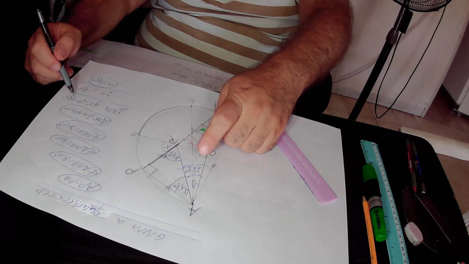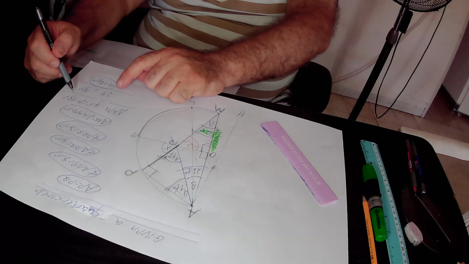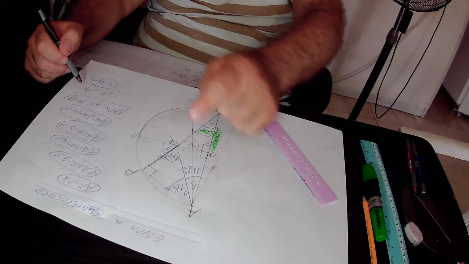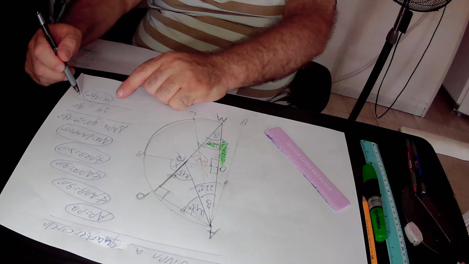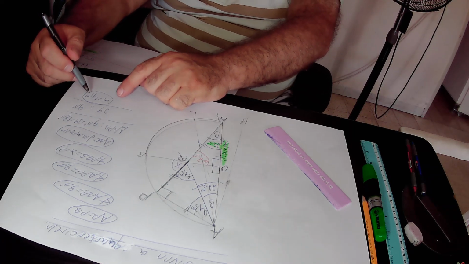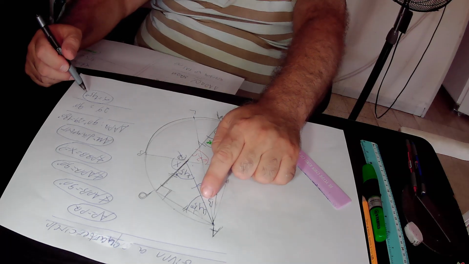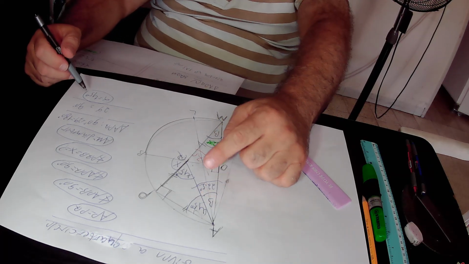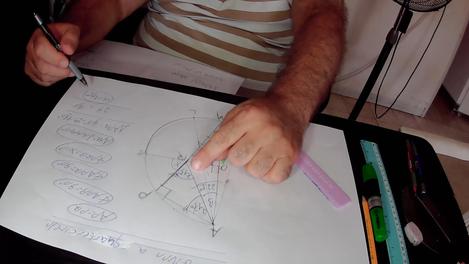Here we subtract 90 degrees from this equation, and we find that 180 degrees minus 90 degrees is 90 degrees. So 2 alpha equals 90 degrees. Here we divide this equation by 2, and we find that 90 degrees over 2 is 45 degrees. This is angle alpha, equal to 45 degrees in its size. This is also angle alpha, equal to 45 degrees in its size.